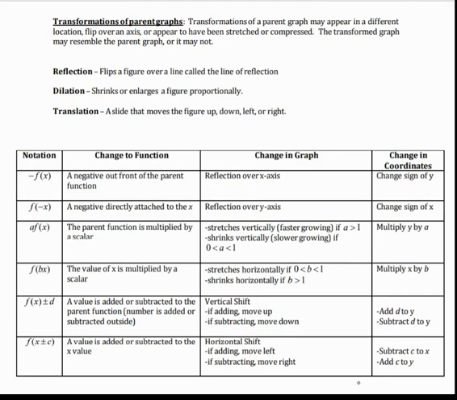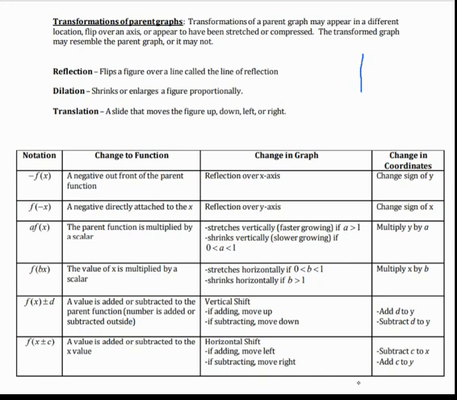So the first thing we could do is throw a negative out front of the function. So notice we have a negative sign for this first example out front of a function. And again, in words, a negative out front of the parent graph. What that creates is a reflection over the x-axis.